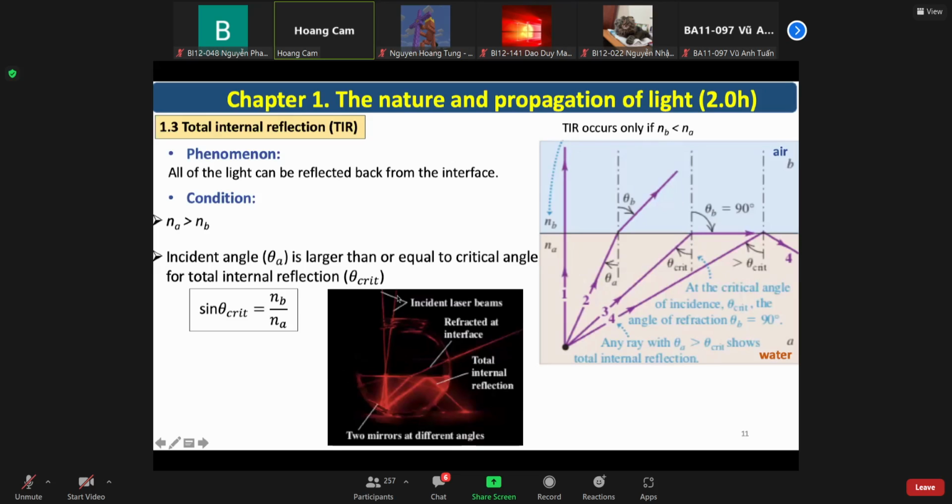For the case here, if we look at this incident ray, we inject it perpendicular to the surface. It goes like this, and then it will be reflected at the interface of the mirror. And then at the interface between the water and the air, you observe the reflected ray.